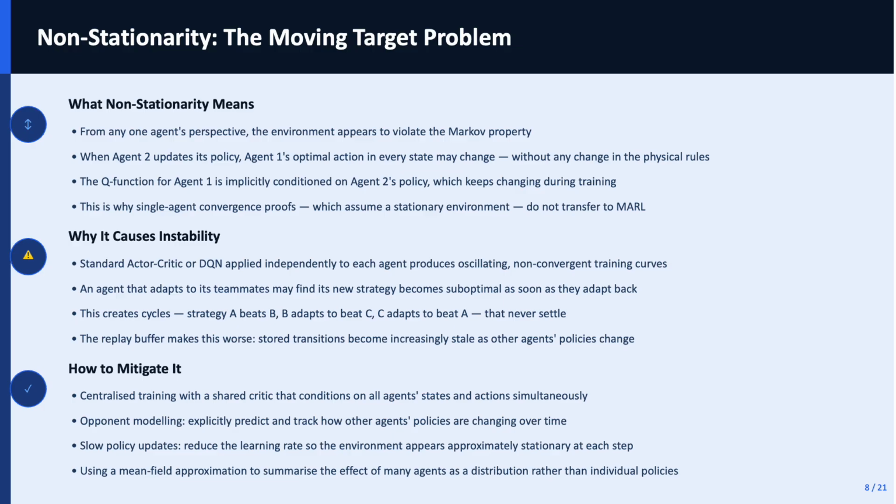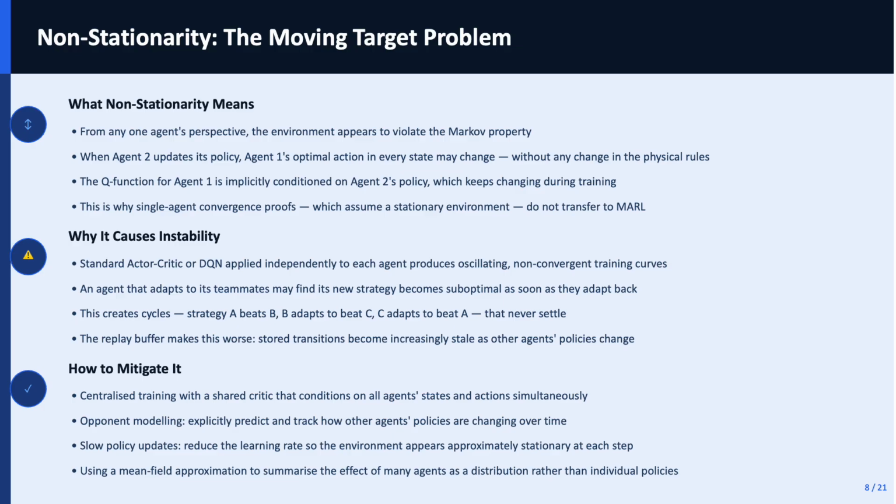Non-stationarity in multi-agent systems means that the statistical patterns an agent observes in its environment data are not constant across training time, because those patterns depend on other agents' policies which are simultaneously being updated.